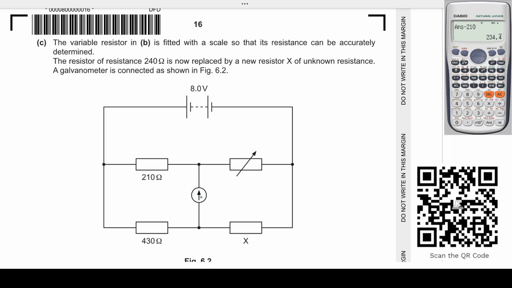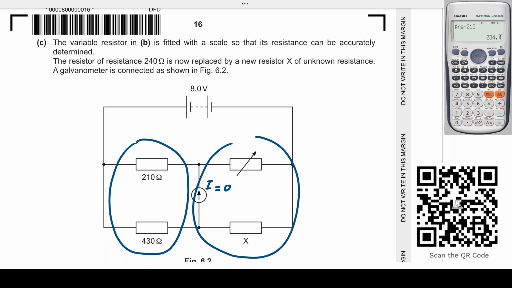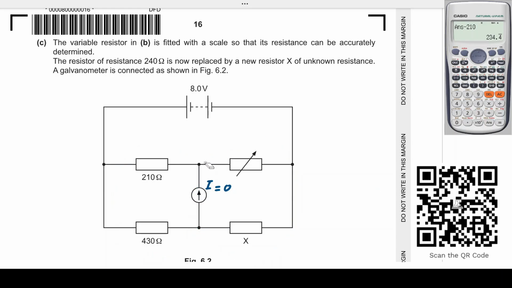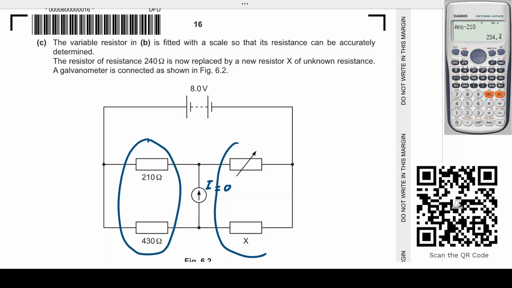When the galvanometer reaches null point, it means no current flows through the galvanometer, and the ratio of these two resistances is always equal to the ratio of these two resistances.